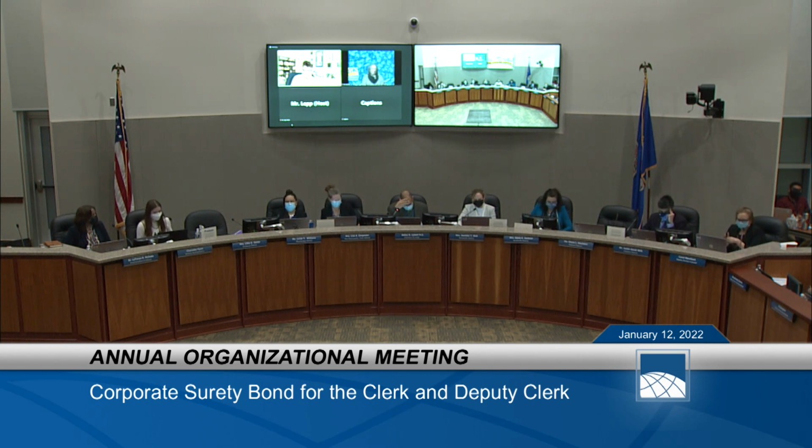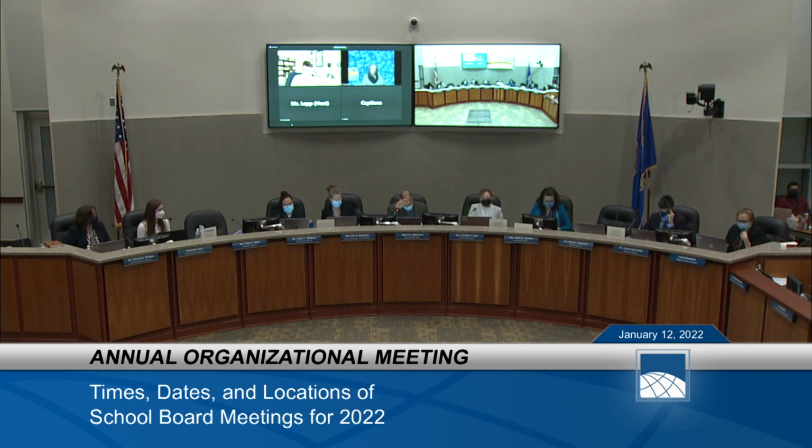Okay, moving on to the times, dates, and locations of school board meetings for 2022. A motion's in order. Ms. Jackson: Mr. Chairman, I move that the Prince William County School Board establish the location of the regular school board meetings at 14715 Bristow Road, Manassas, Virginia, on the first and third Wednesdays of the months of January through June and September through December.